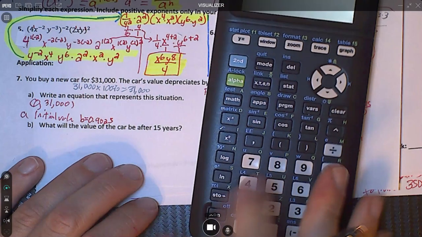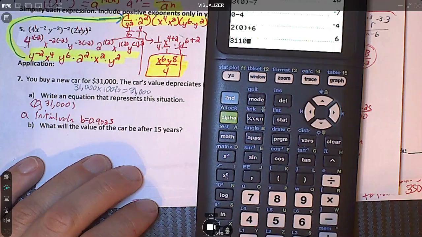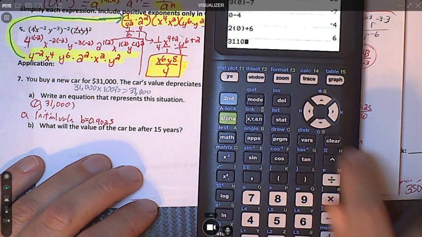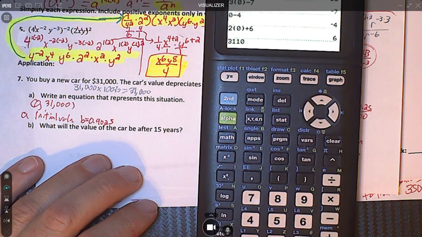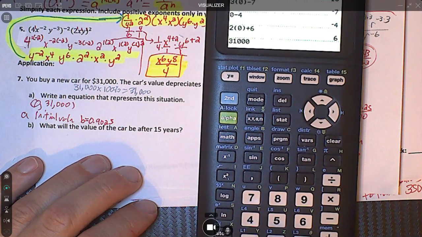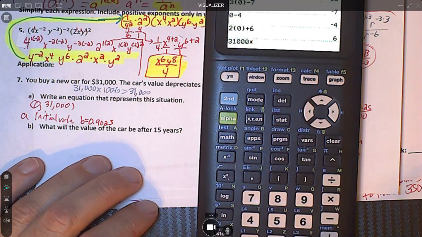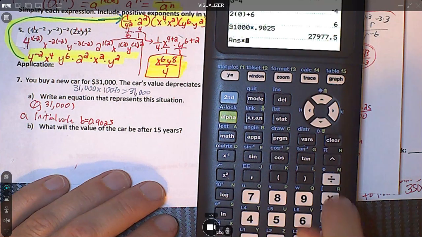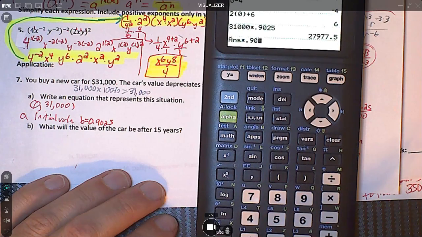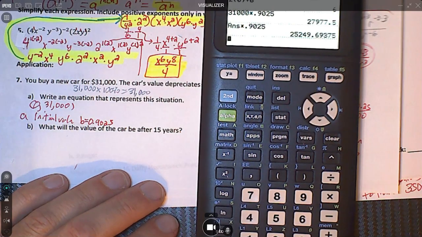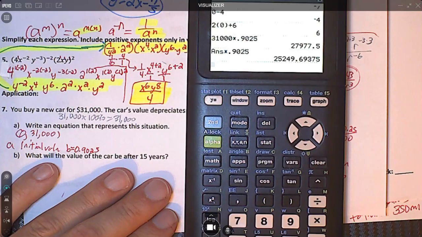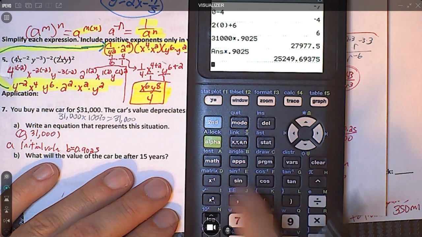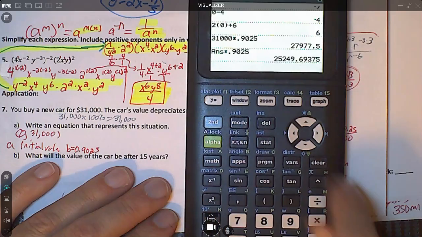So like, if you wanted 1 year, this would be after 1 year. And then you could just keep going like that. And that's what gives you the new value. That's 2 years. This is 3 years.